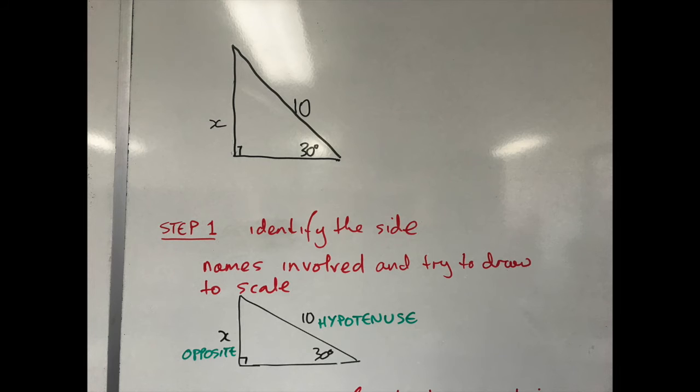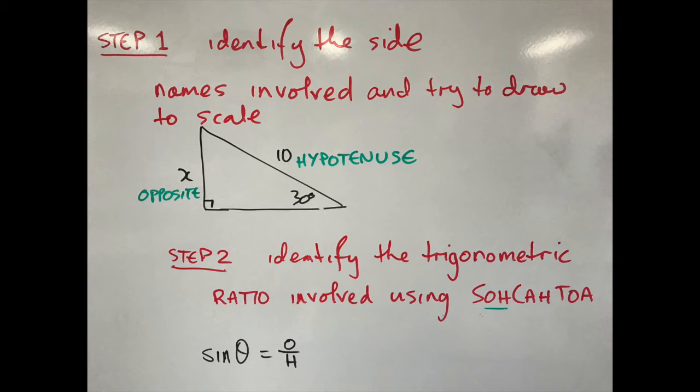So once we've identified the names of those sides, we can then start to have a look at which of the 3 ratios we need to use to solve it. So opposite and hypotenuse, if you use SOHCAHTOA, we can identify that that is sine. Sine, opposite, hypotenuse.